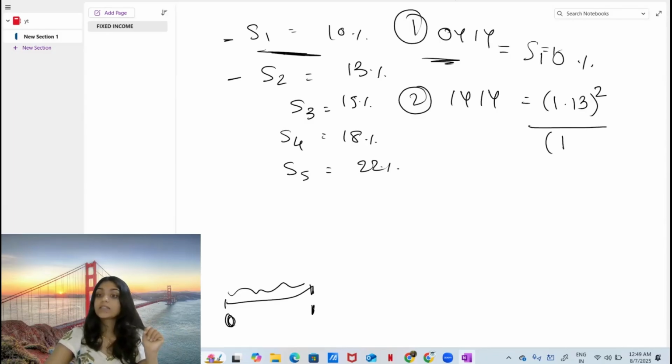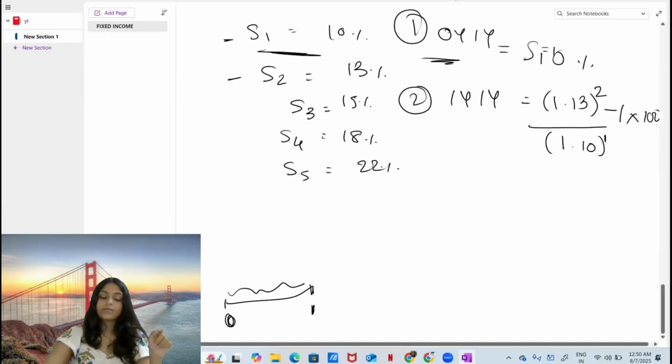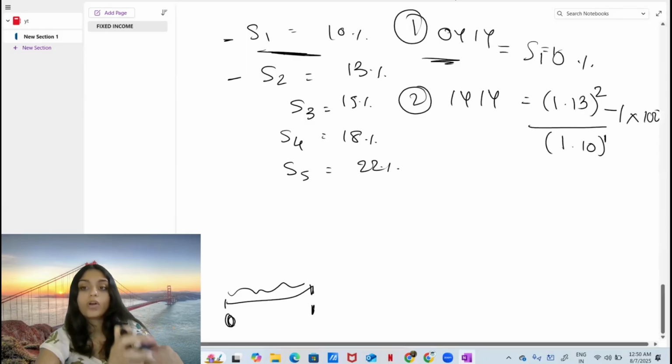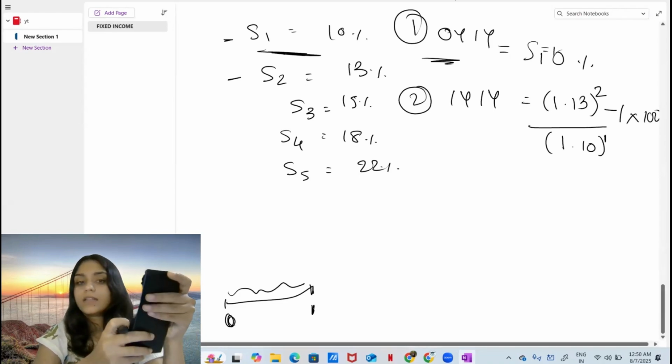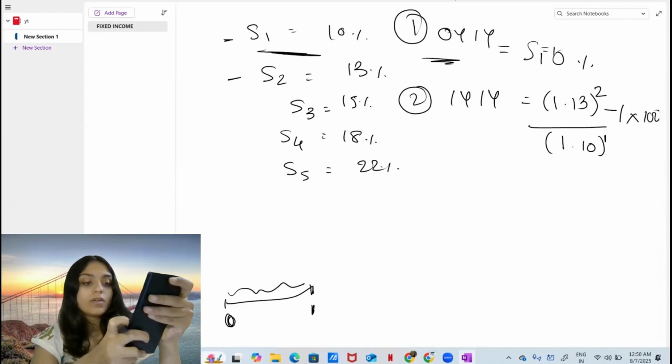That is 10%. So 1 plus 10%, that is 1.10 raised to this. The spot rate is for the first year, right? So 1 minus 1 into 100. Let's calculate this on our calculator. This is very simple.